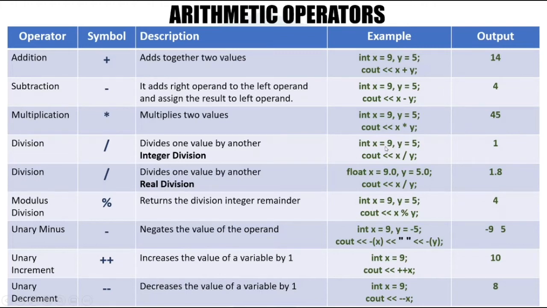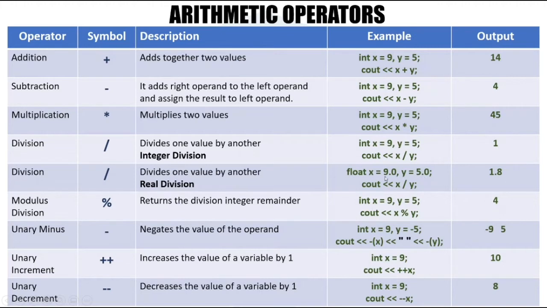Sa division, nagde-depend sa data type ng operands yung magiging quotient mo. Pag both operands are integers, integer quotient ang result. Meaning, natatruncate yung decimal or fractional part. So instead na 1.8, nagiging 1 na lang ang quotient. Ang tawag dito is integer division.